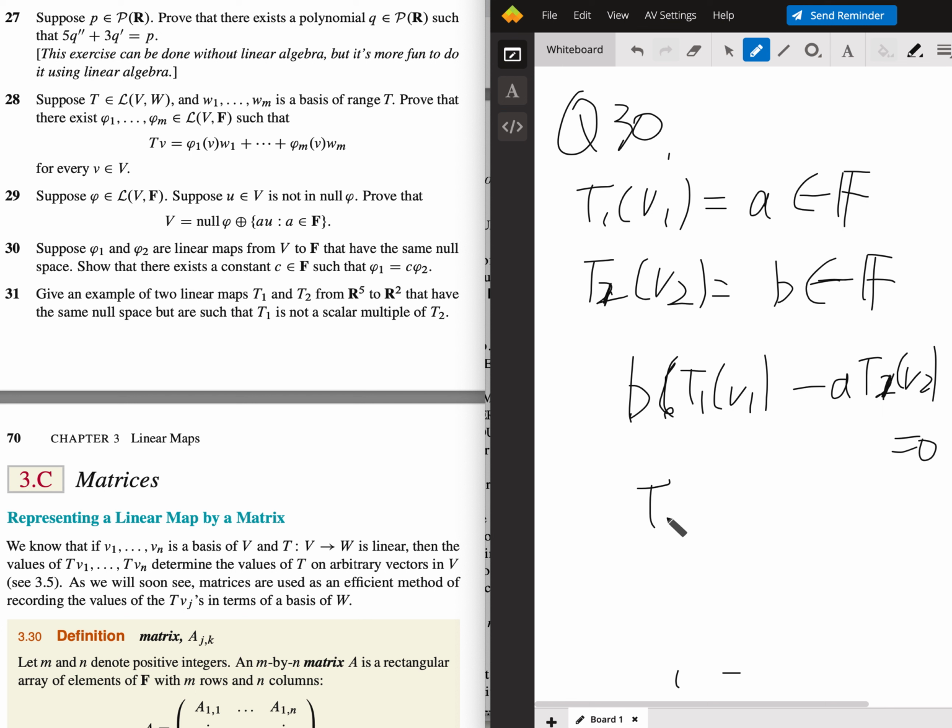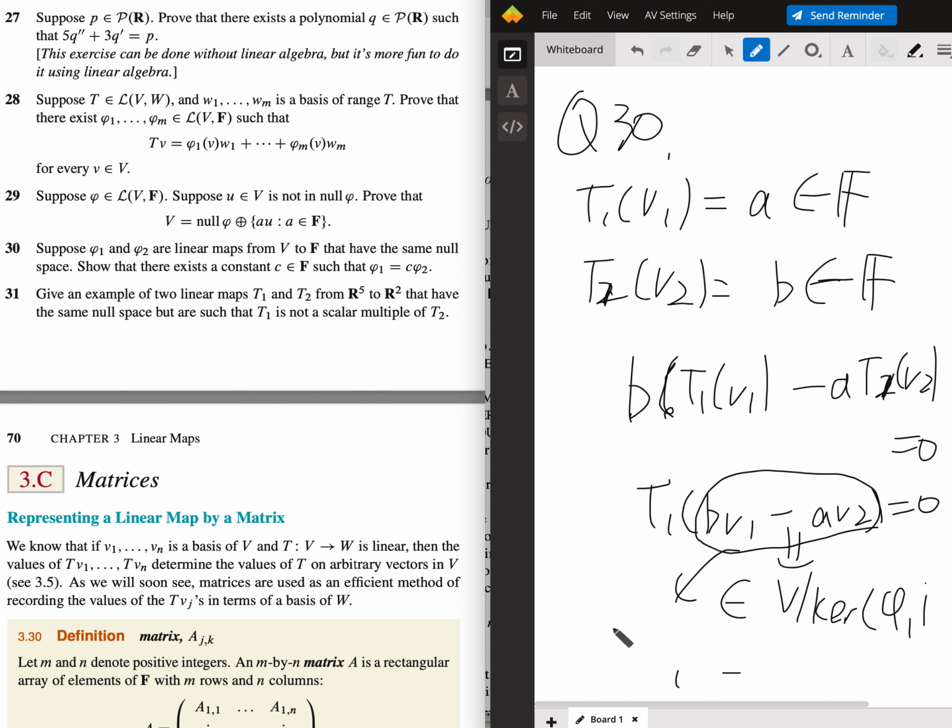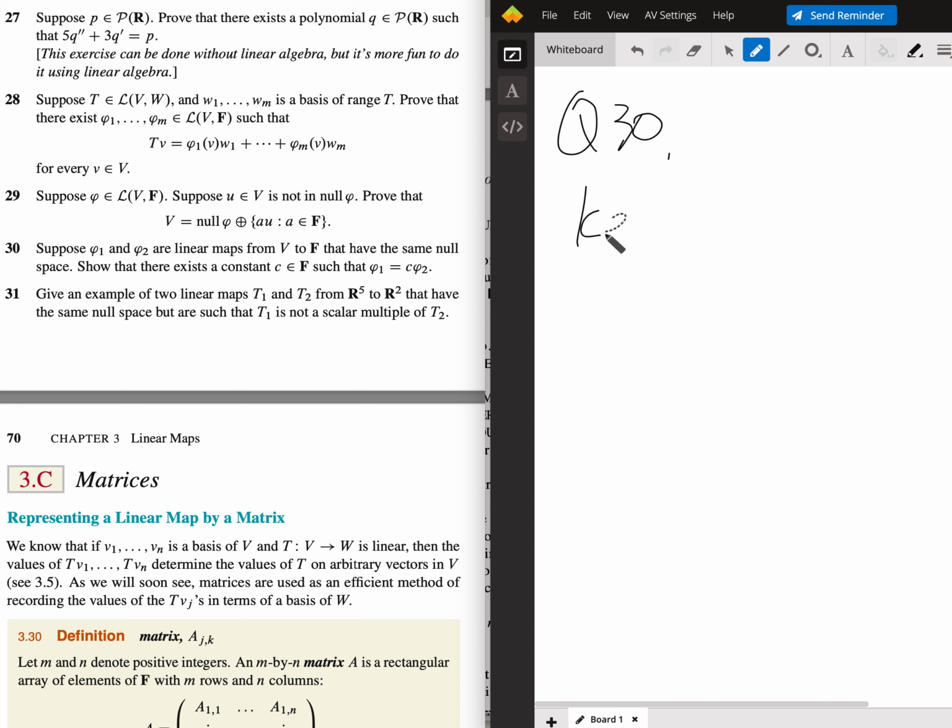So you can maliciously construct an element which is also supposed to be outside the kernel of phi1, but then this element is also in the kernel, so you arrive at a contradiction. That means the space of V minus the kernel must have dimension less than or equal to 1.